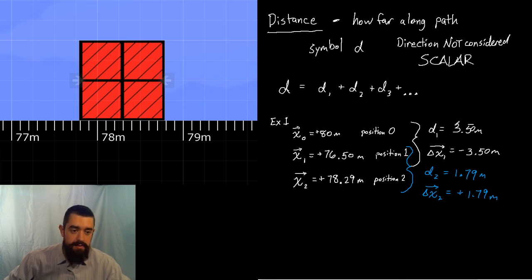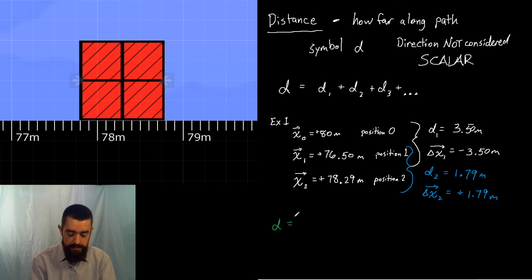Okay, so let's calculate from 0 to 1. I got a distance of 3.5 meters, and from position 1 to position 2, a distance of 1.79 meters. So what would the total D be equal to? The total distance from 0 to 2, from the point in time 0 to the point in time 2.